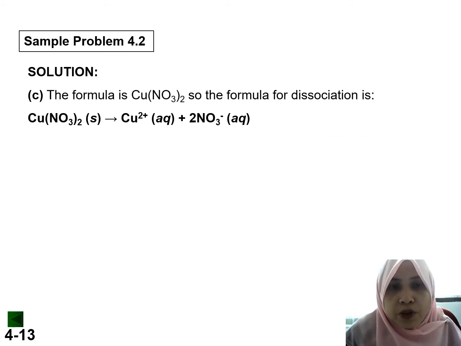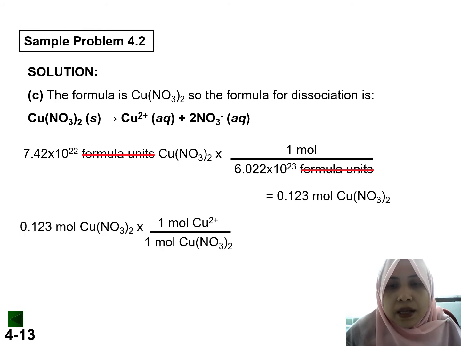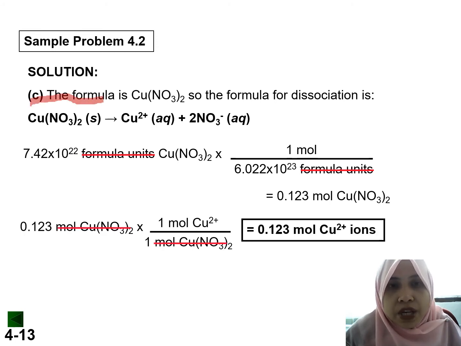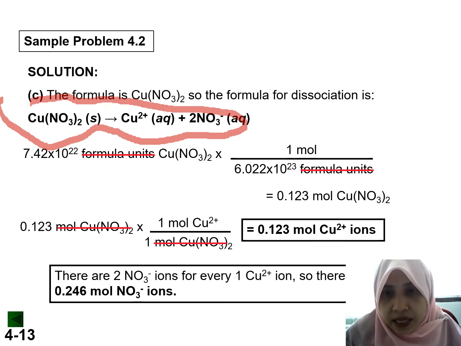4.2c. First we need to write the equation for dissociation. The dissociation of ionic compound in water will produce cation and anion like this. 1 mole of copper nitrate consists of 6.022 × 10^23 formula units.